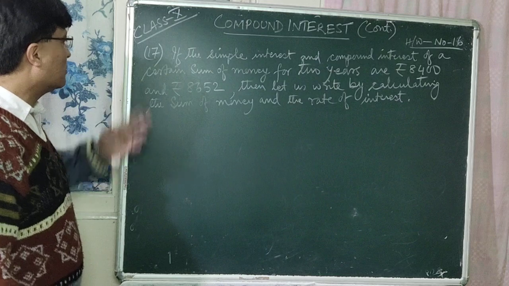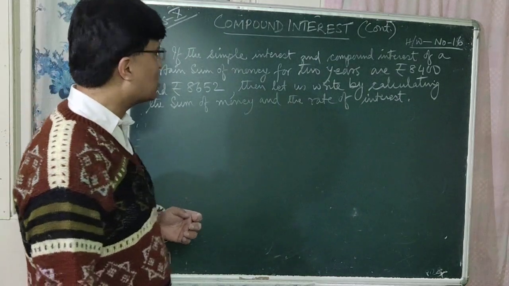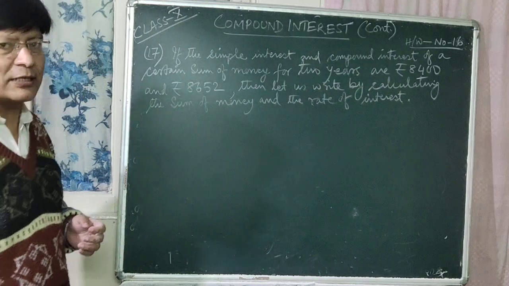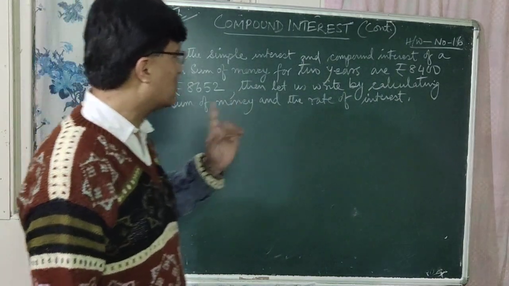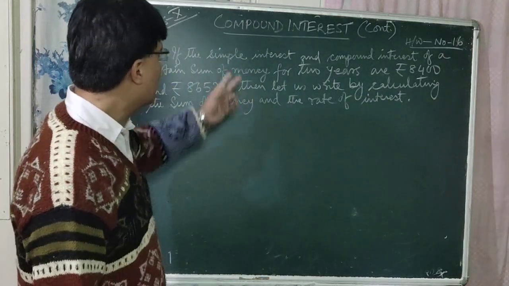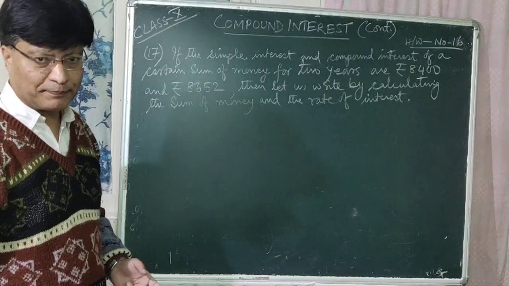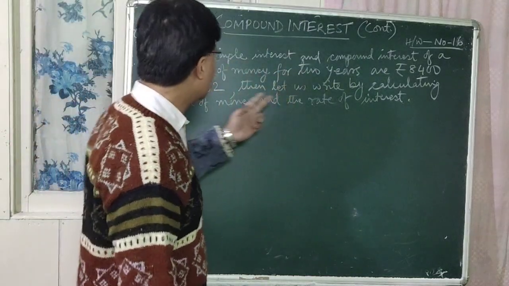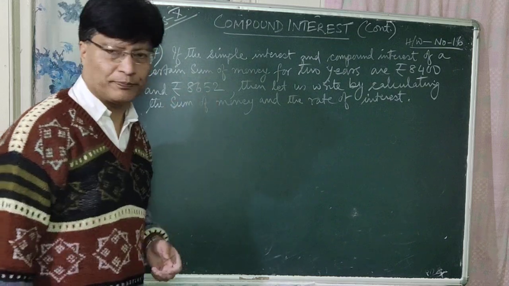So number 17 is, if the simple interest and the compound interest of a certain sum of money for 2 years are rupees 8,400 and rupees 8,652 respectively. That is, simple interest is given as 8,400 and the compound interest is given as rupees 8,652.